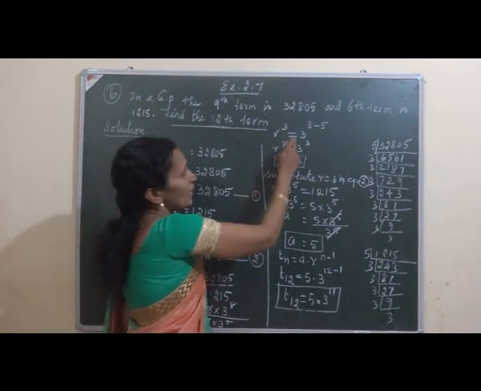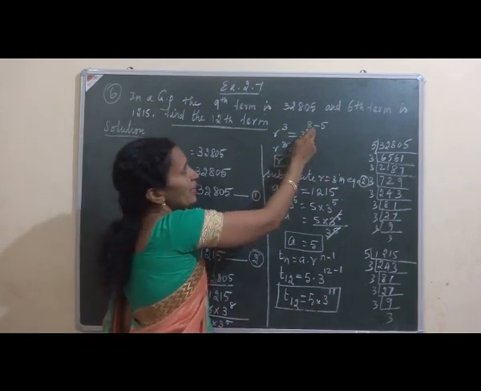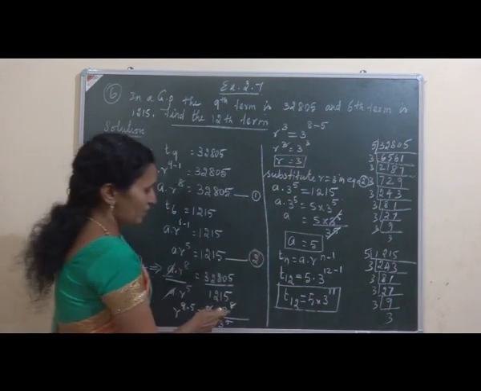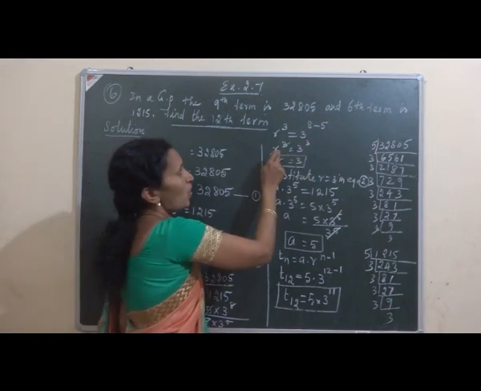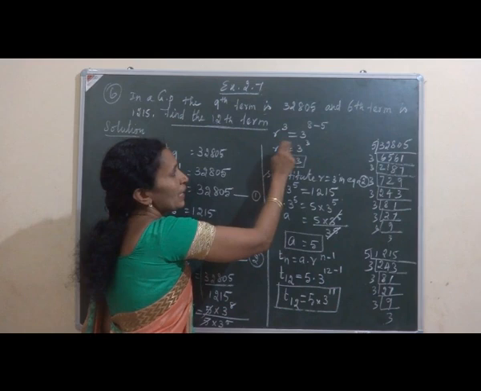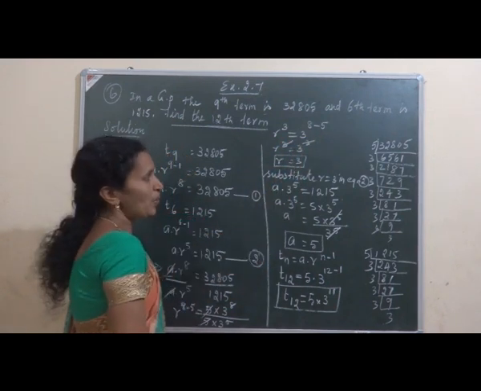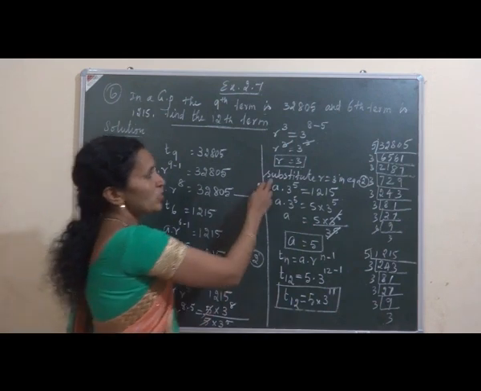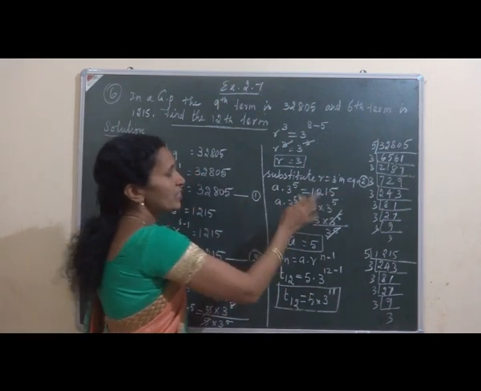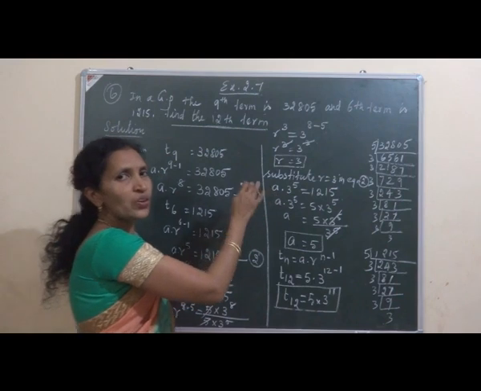So R power 3 equals 3 power 8 minus 5. 8 minus 5. So R power 3 equals 3 power 3. Power same, so base also same. R equals 3.